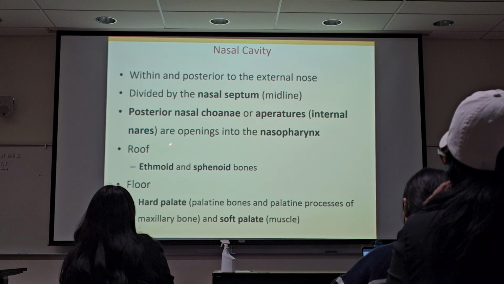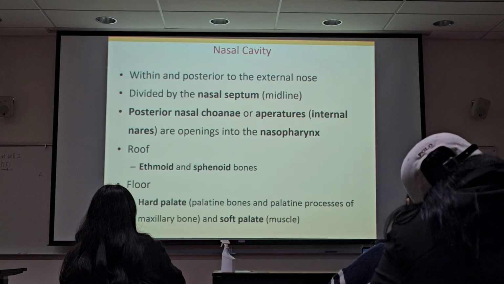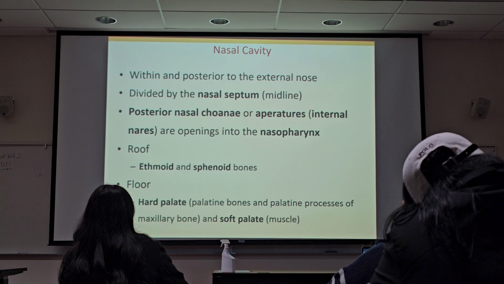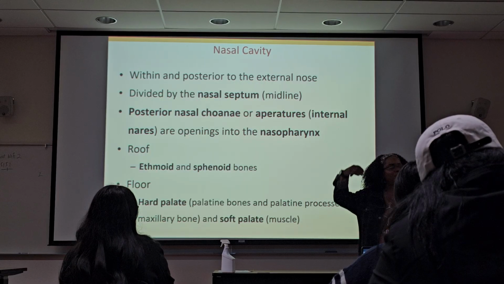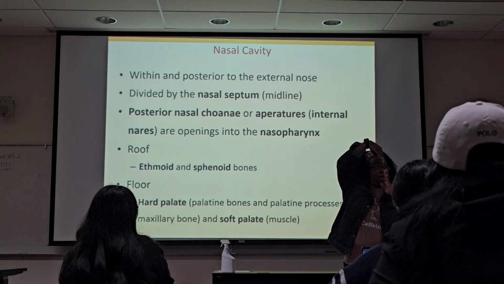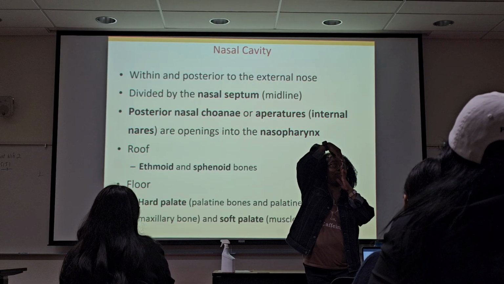So the nasal cavity itself is divided by a septum. What two bones are making that septum? Ethmoid and vomer.